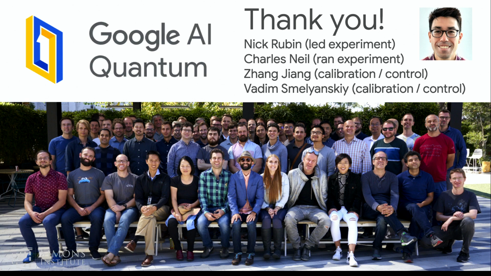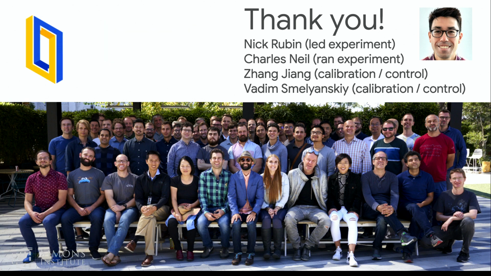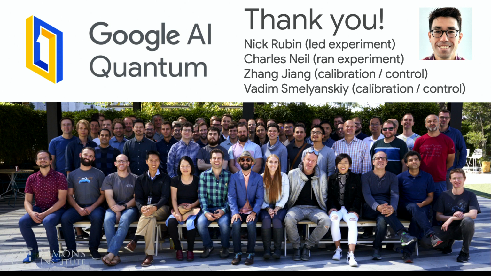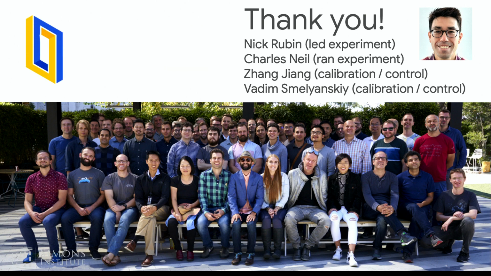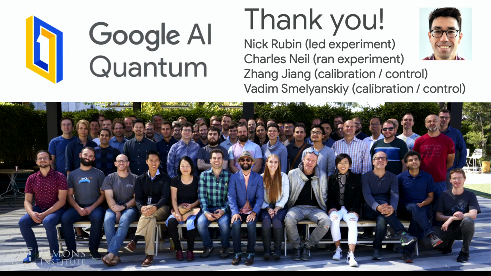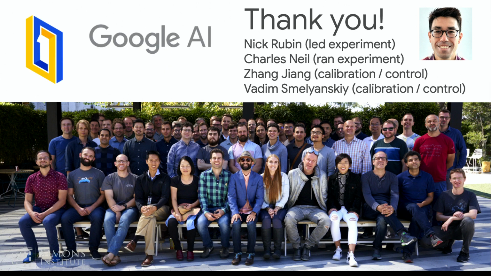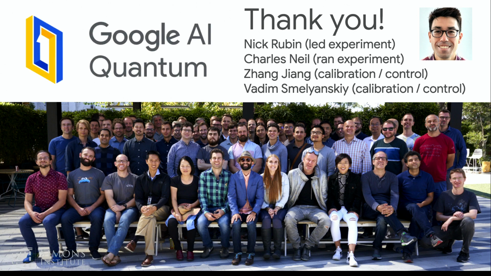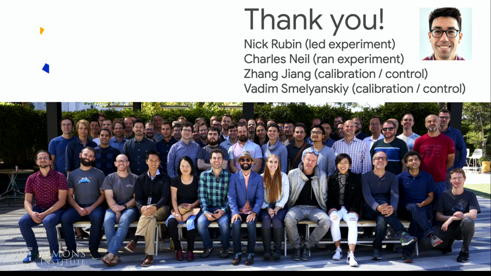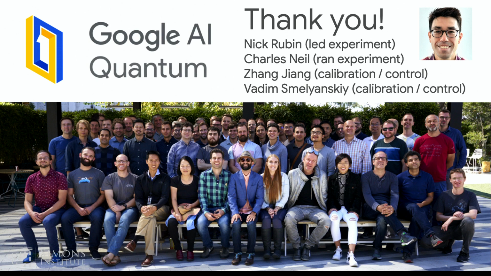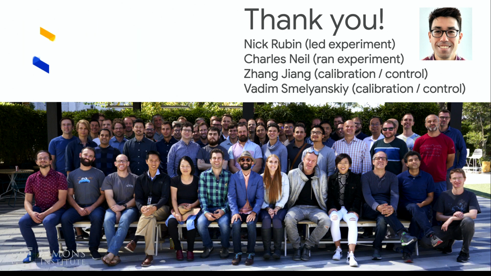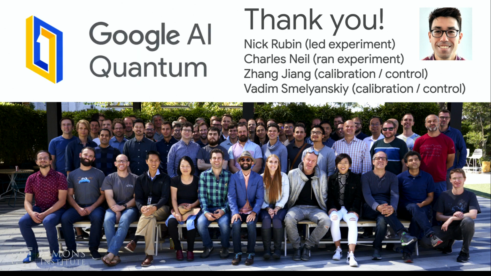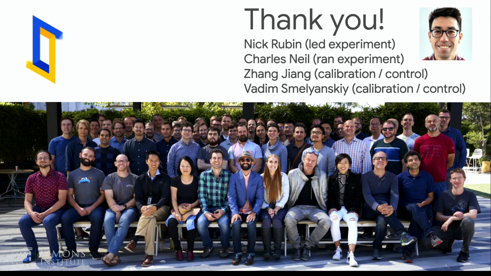He might have the answer about why that atomic orbital starting point looked so good. Also Charles Neill on the hardware team, who helped run the experiment and get to the bottom of some of these issues, like is the AC on or not. And then Zhang Jiang and Vadim Smelyanskiy were also quite helpful with techniques for calibrating the device and improving control. So, thanks.